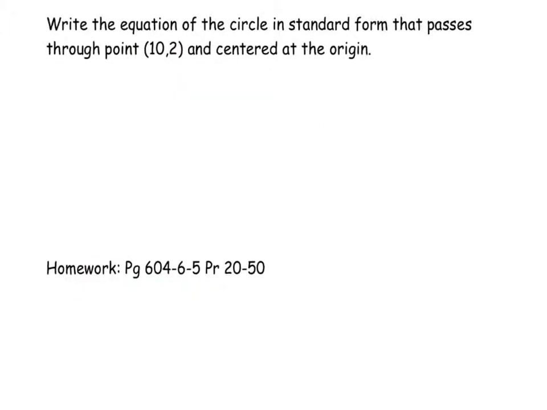In this last example, we have to write the equation of the circle in standard form that passes through the point (10, 2) and is centered at the origin. So I'm going to follow the same process as we did in the first couple of examples. x squared plus y squared equals the radius squared.